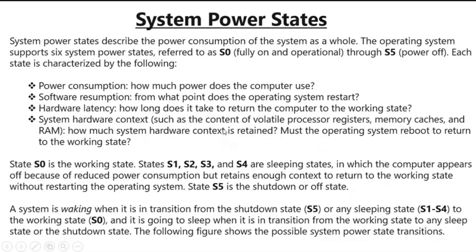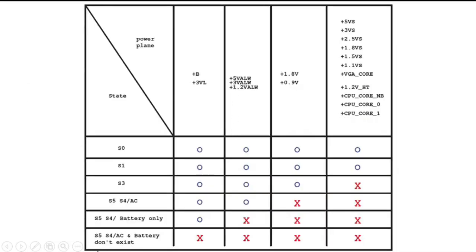Okay, so here as you can see we have S5 and S4 with AC and battery not connected, we don't have any voltage. This means nothing, we cannot get any voltage in the motherboard. So this mark means no voltage, this mark means the voltage exists.